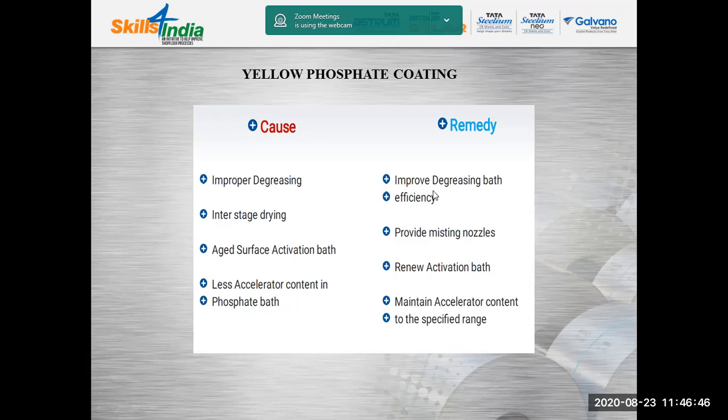The remedy is improved degreasing bath efficiency, and if the surface activation bath is aged, provide a renewed activation bath. These are causes and remedies for yellow phosphate coating. Normally it should be gray.